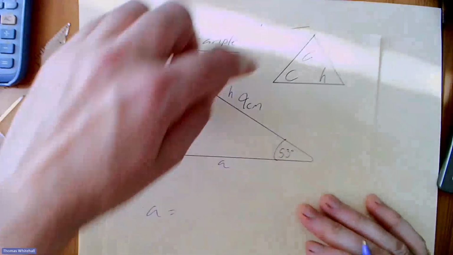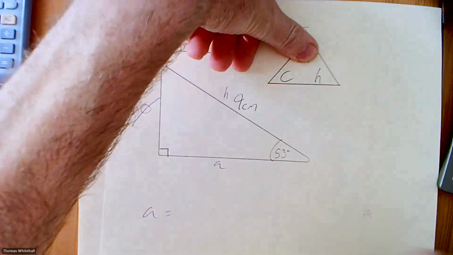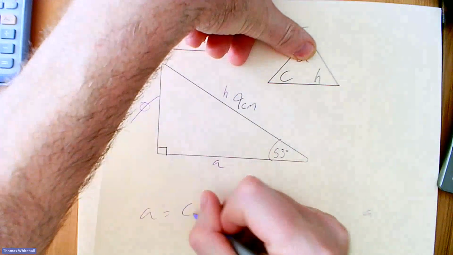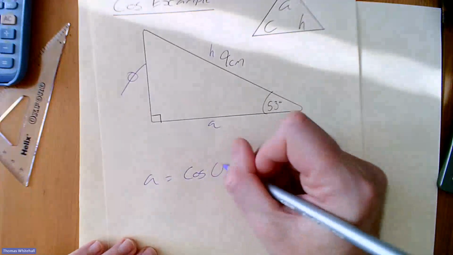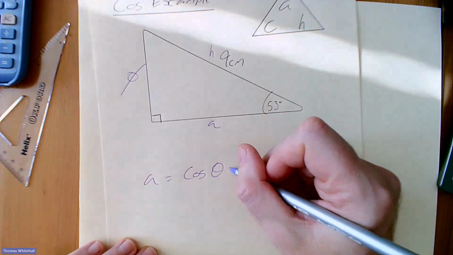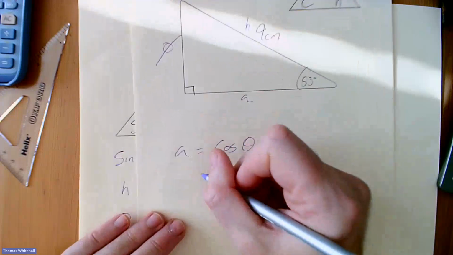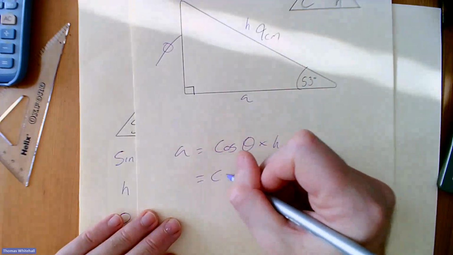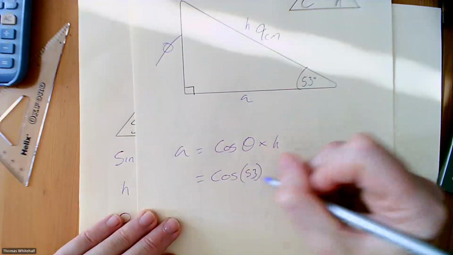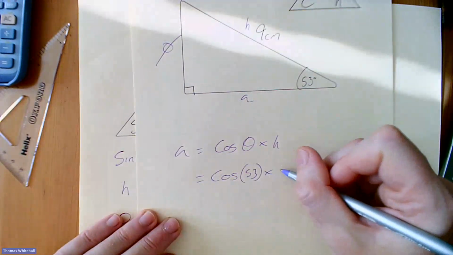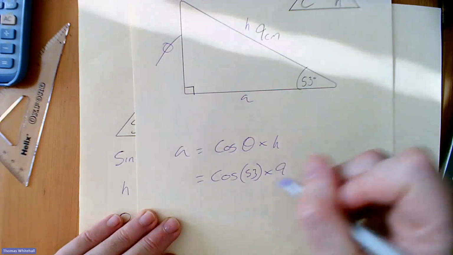But this time, I'm going to cover up the A. So that is now equal to the cosine of my angle, and I'm going to multiply it by the hypotenuse. So substitute in what I know. I've got the cosine of 53 times by our hypotenuse, which is 9.